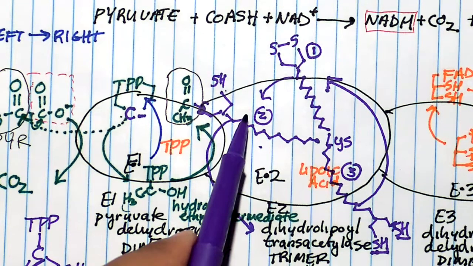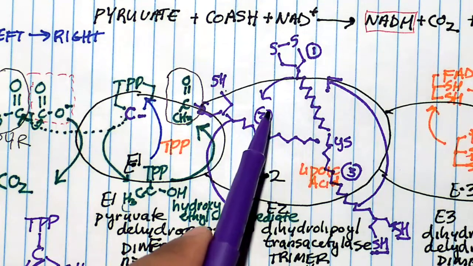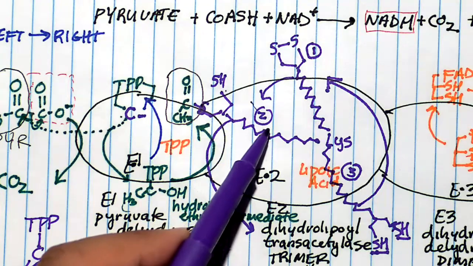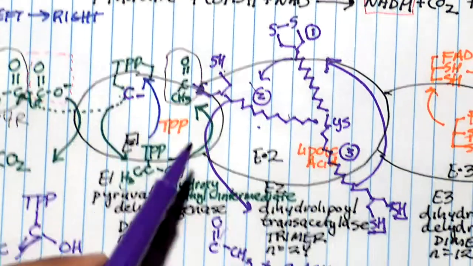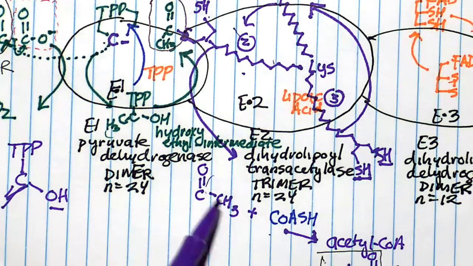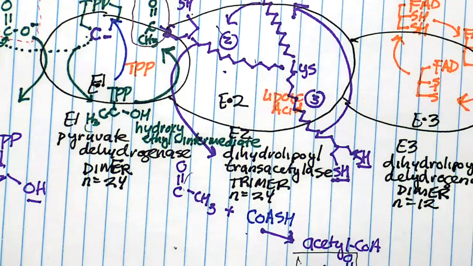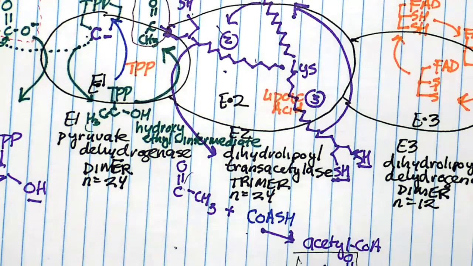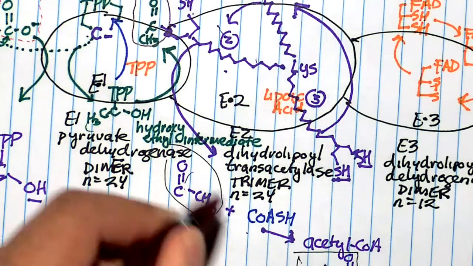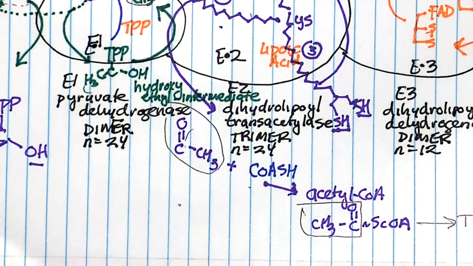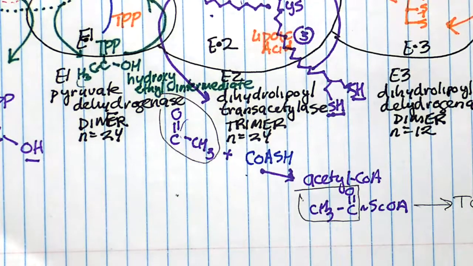Here's step 2 in the swing. So this is going to be a swing or like a long tether. And then the acetyl group gets transferred to coenzyme A. So here's that acetyl group. Coenzyme A comes in. We have our first product, acetyl-CoA.